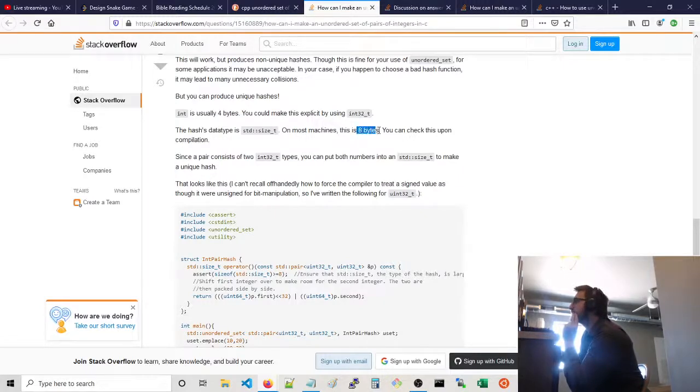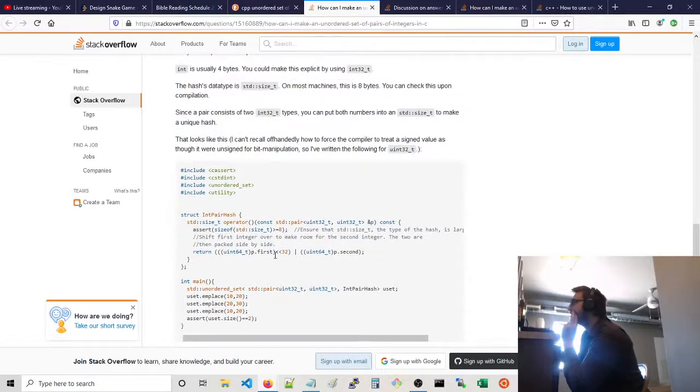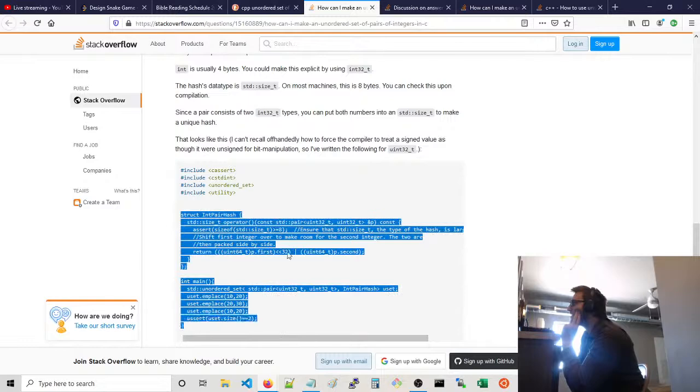Four bytes, 8 bytes. Oh yeah, this is what I was thinking of. Yeah, the OR or the addition both work here. So now you can make it unique.